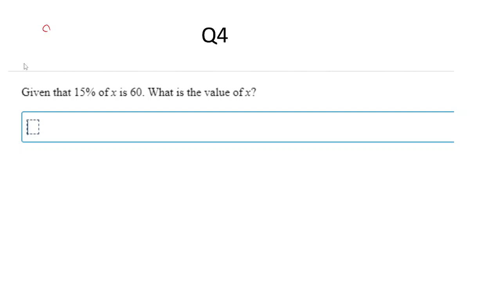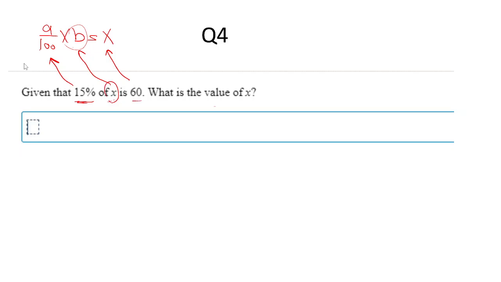Same thing, I will write the formula, equal x. Given that 15% of x is 60, what is the value of x? So we need b, right? We need the full amount, the full value.